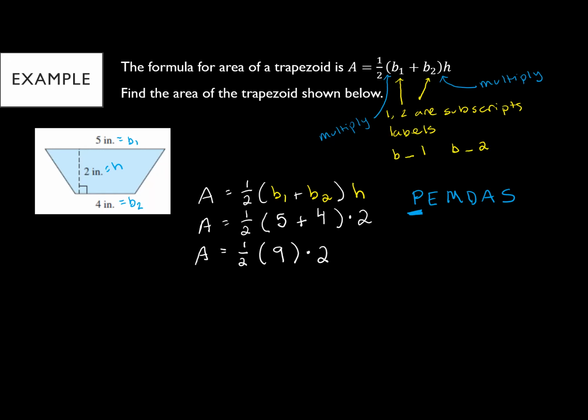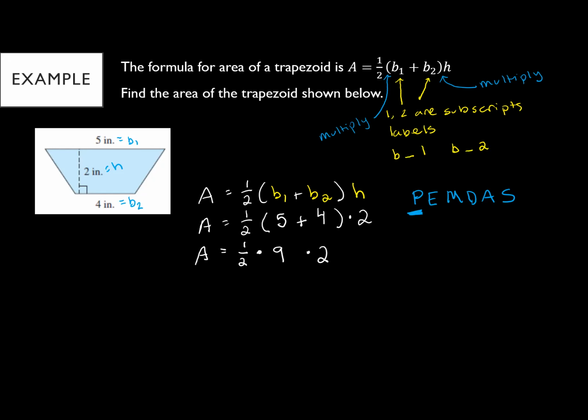So now we basically have a lot of things multiplied together. I could actually get rid of those parentheses with the 9 and just put another multiplication symbol, because that's what it is. We just have these three things multiplied together. From here, the next thing in the order of operations is to do the multiplication, and we want to go in order from left to right.